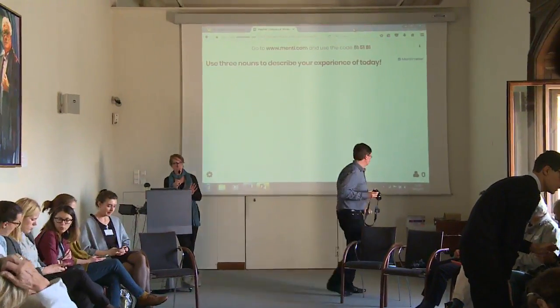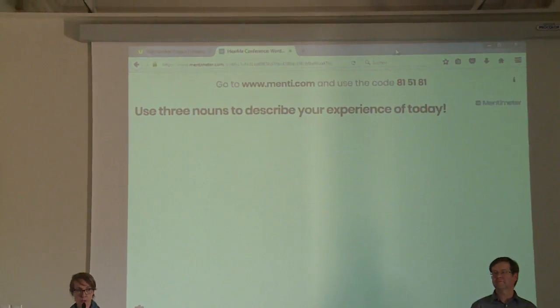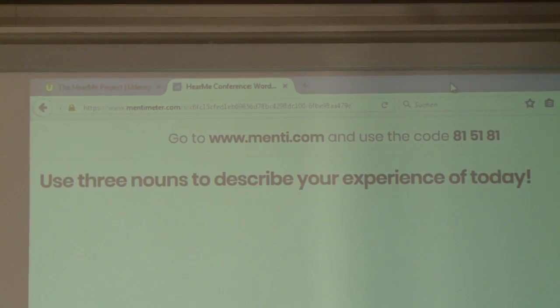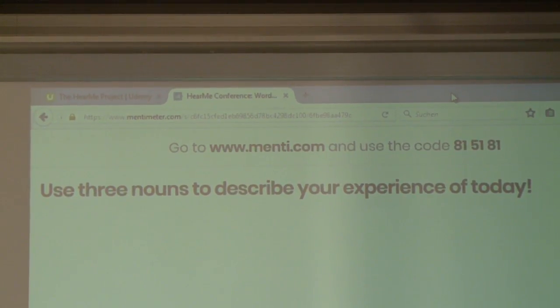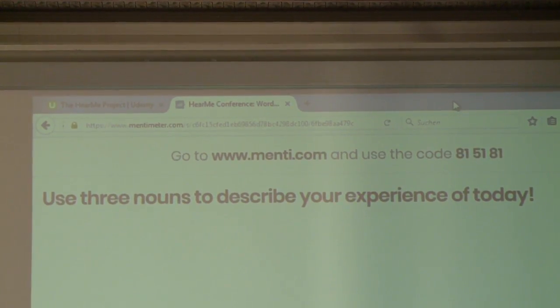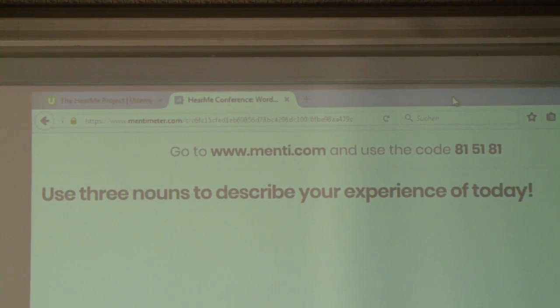Now, I'm not sure if you already did this in one of the workshops in the morning, because we use Mentimeter for a voting platform where you pose a question and have different answers. But a very good way to use Mentimeter is to let them create a word cloud. Describe your experience.